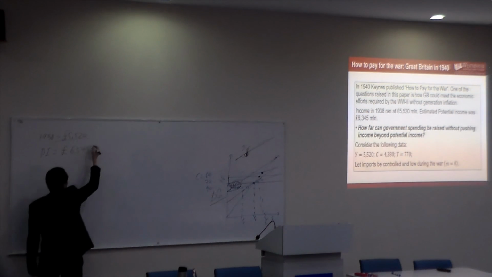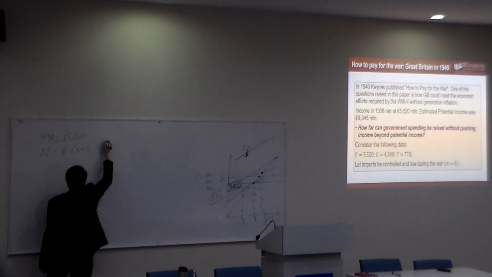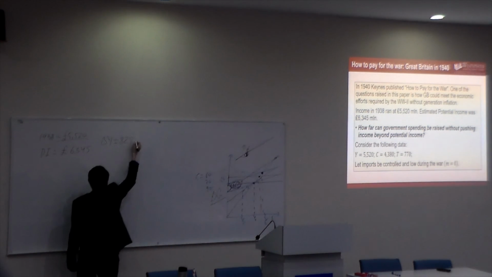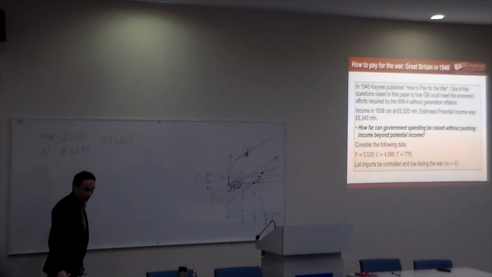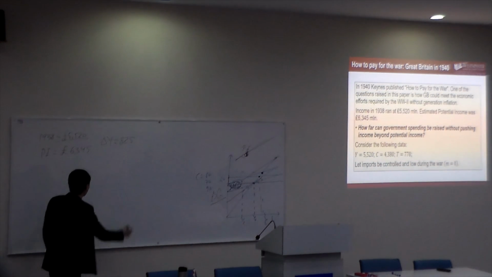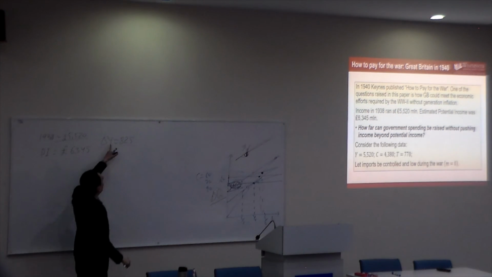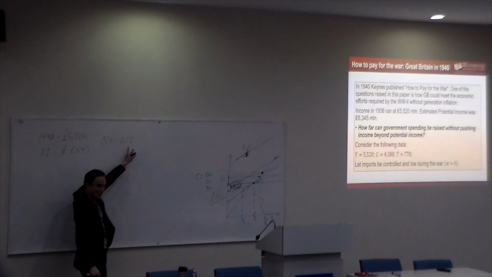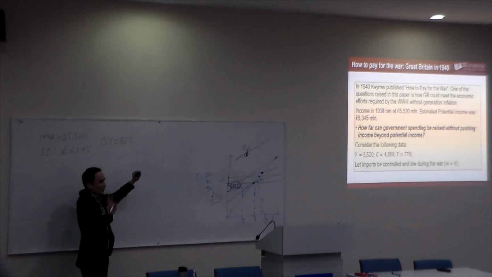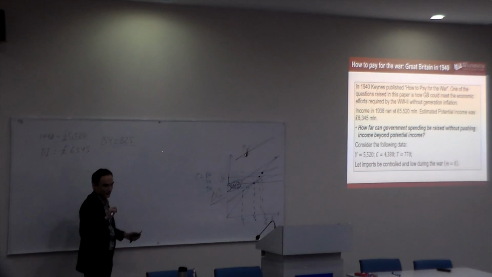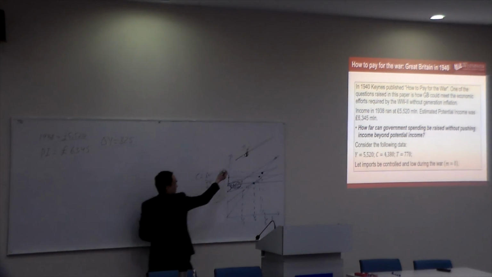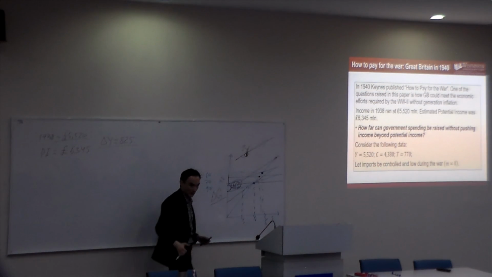If you subtract this one from this one, it gives the change in output, which is 825 million pounds. Yes? So if we increase our output by this much, then there will be no inflation, and the economy will reach its natural level, a good level.